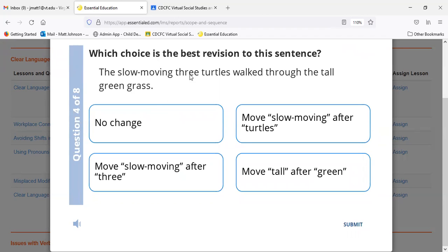So revising, the slow moving three turtles walked through the tall grass. So we talked about this too. It's basically the order in which we have our adjectives there and our modifying words. So we need to move slow moving after three. So it's the three slow moving turtles walk through the tall grass.